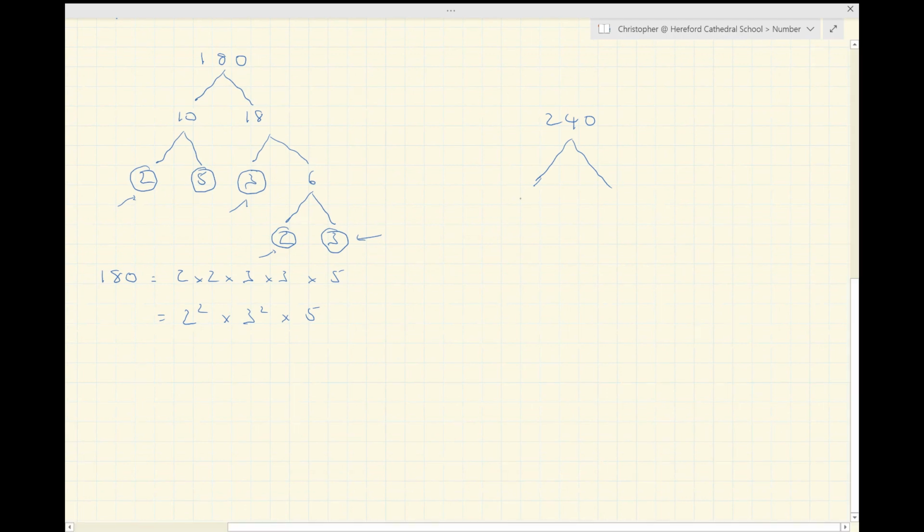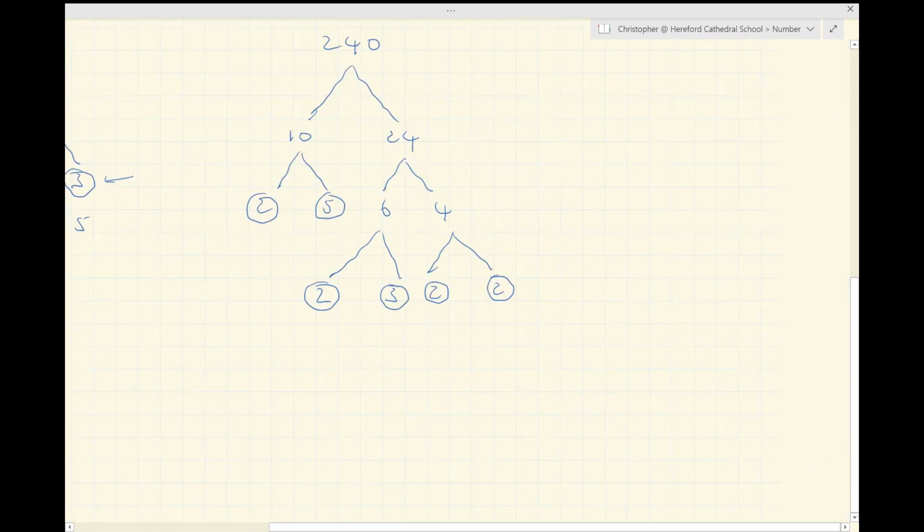Okay, 10 times 24. I'm going to do 10 is 2 times 5, and both of those can be circled. 24, I'll do that as 6 times 4. The 6 will become 2 times 3, and the 4 will become 2 times 2. There we go.